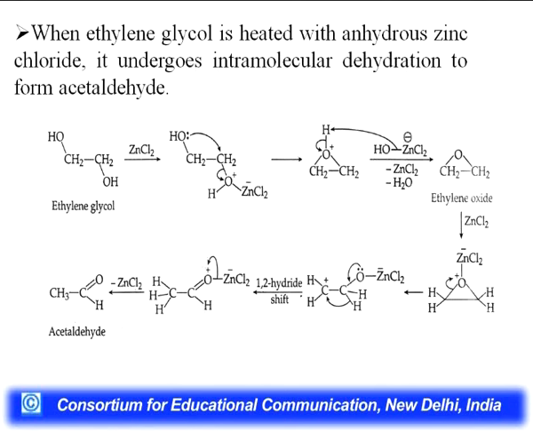As it becomes electrophilic in nature, again it will pull the covalently bonded electrons towards itself, so it pushes out the zinc chloride for elimination. So you can see by this mechanism we are getting acetaldehyde from ethylene glycol with zinc chloride. When ethylene glycol is heated with phosphoric acid, it undergoes intermolecular dehydration to give diethylene glycol.